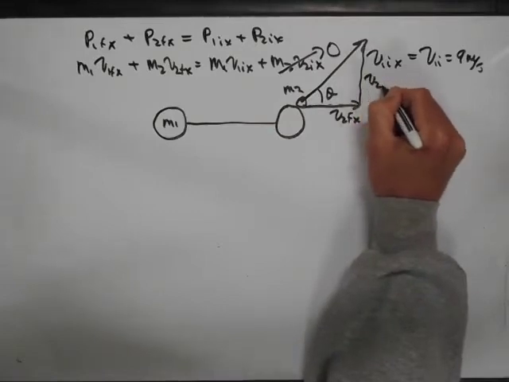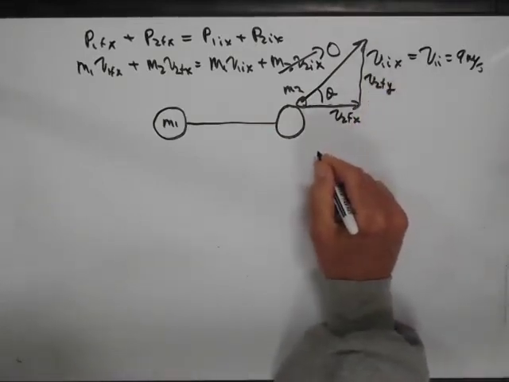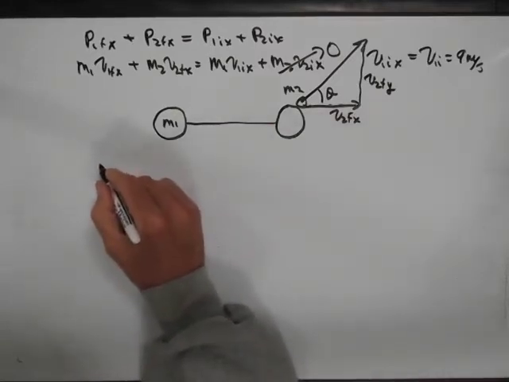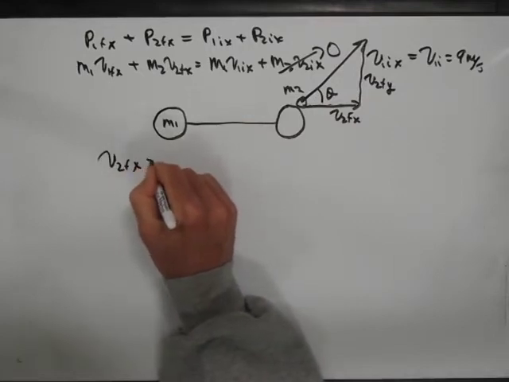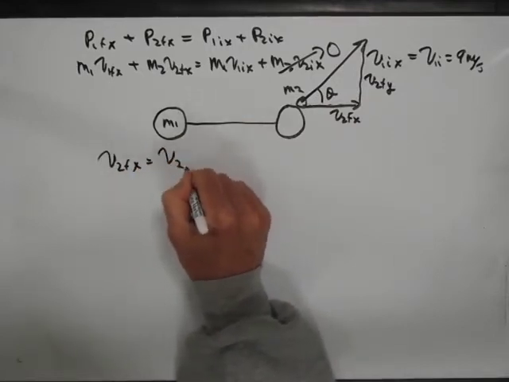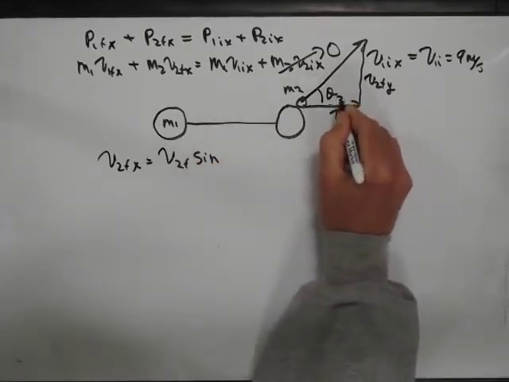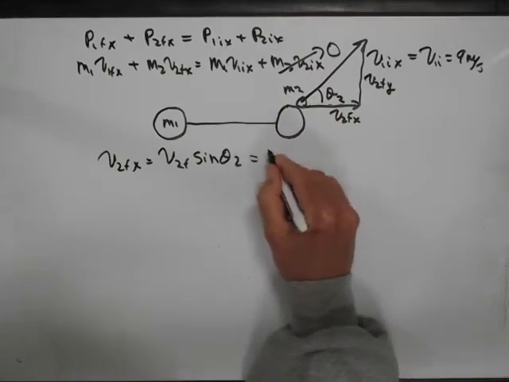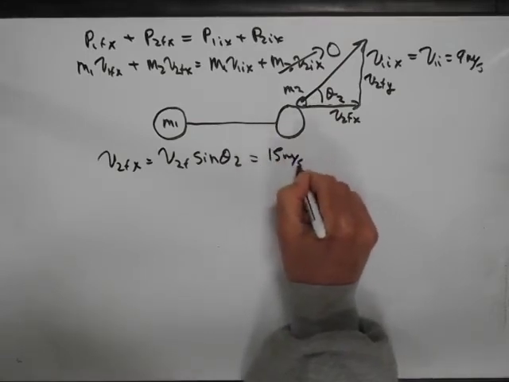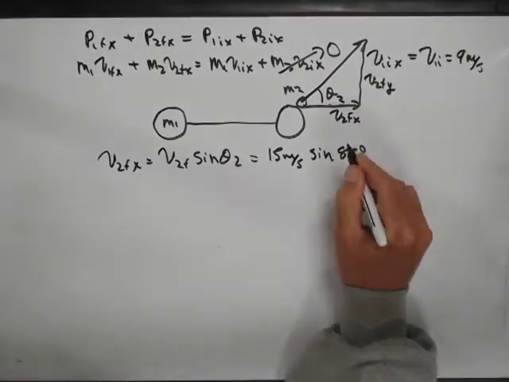This is V2 final y, right? And so V2 final x is equal to V2 final sine theta 2, and that's equal to 15 meters per second times the sine of 85 degrees.